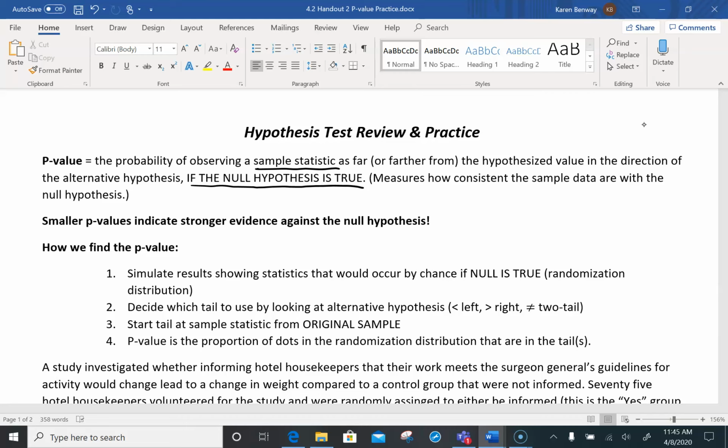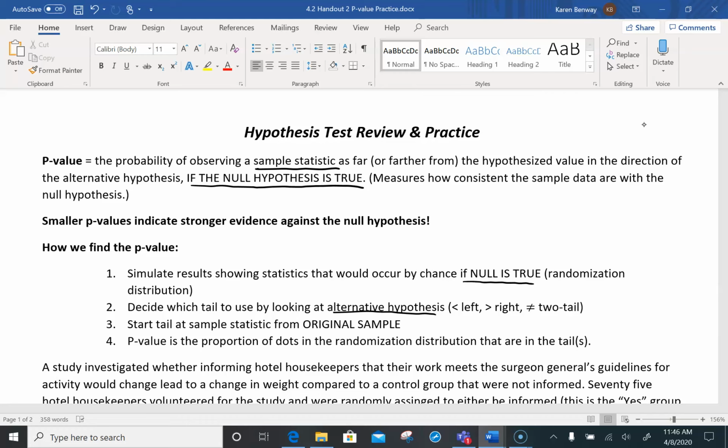Now, when we want to find the p-value, we're going to use our null hypothesis and our sample data to simulate the results showing the statistics that would occur by chance if the null hypothesis is true. That's what we call the randomization distribution. Then we decide which tail to use by looking at the alternative hypothesis.